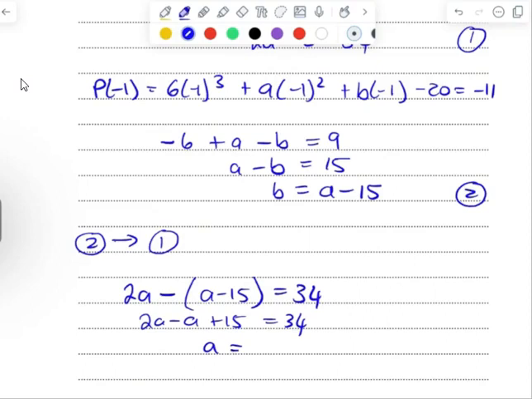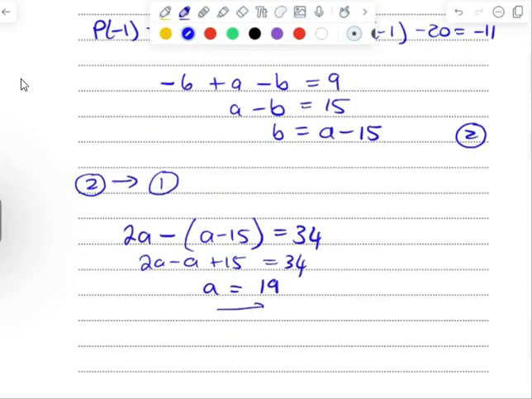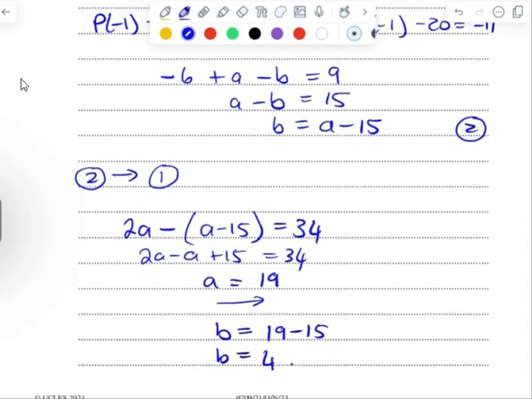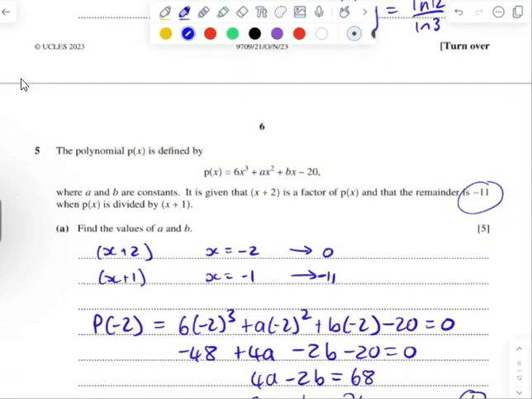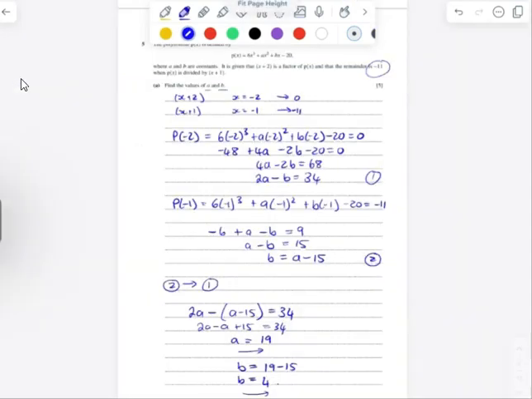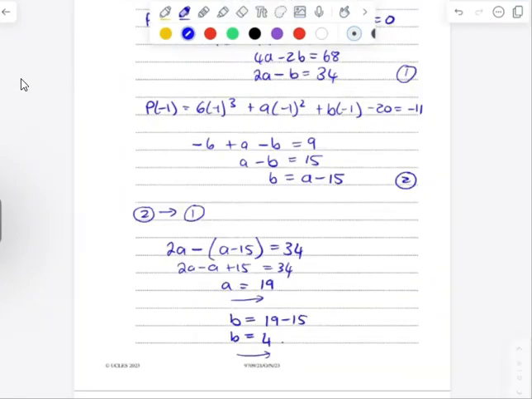And 34 minus 15 is 19. So my a value is 19, and then b is equal to 19 minus 15, which means it is equal to 4. And they said find the values of a and b, so that is going to be 19 and 4.